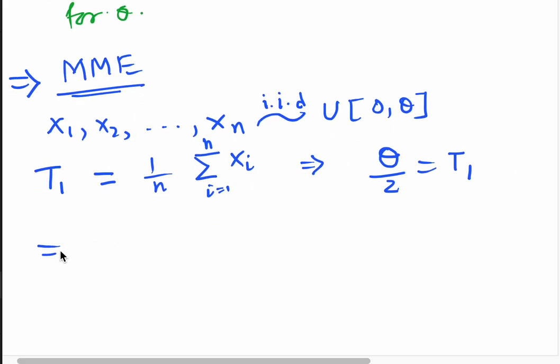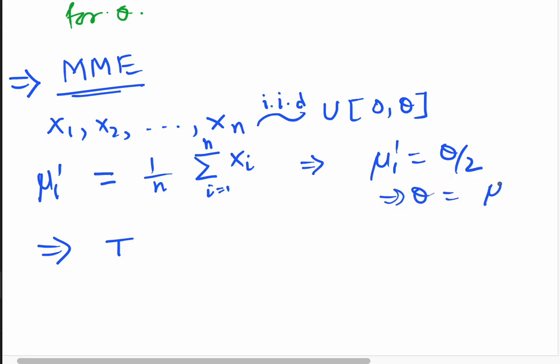So that means our estimator for theta, this is the first moment mu1 prime. We know that mu1 prime is theta by 2, so theta will be 2 mu1 prime, so our estimator will be 2x bar, that's it, 2x bar.